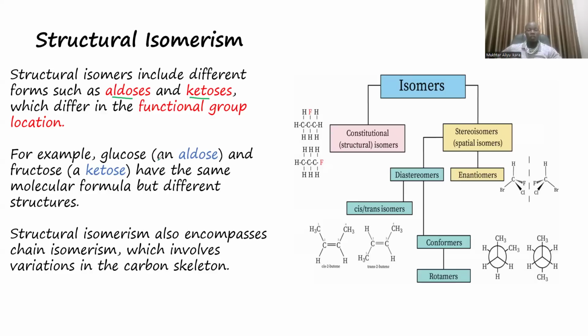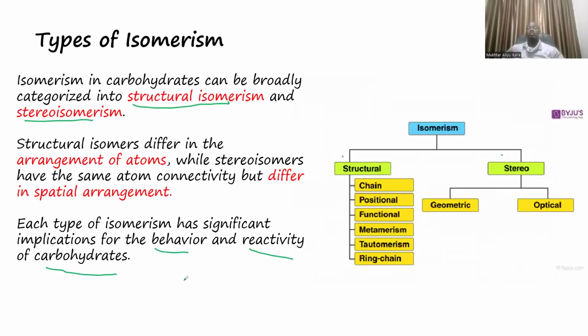That is why one is called an aldose and the other is called a ketose. Structural isomers also encompass chain isomerism, which involves variation in the carbon skeleton. If you need more explanation on chain isomerism, please watch my video that I'm going to attach to this lecture.